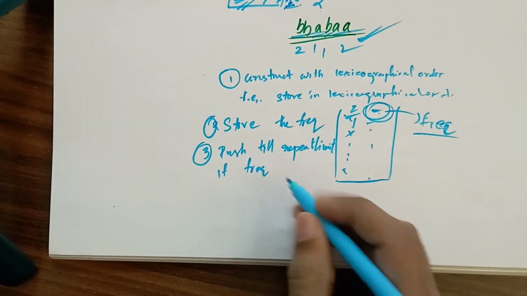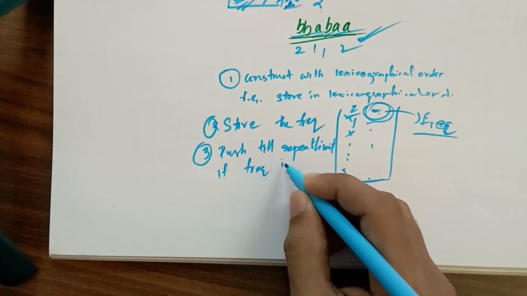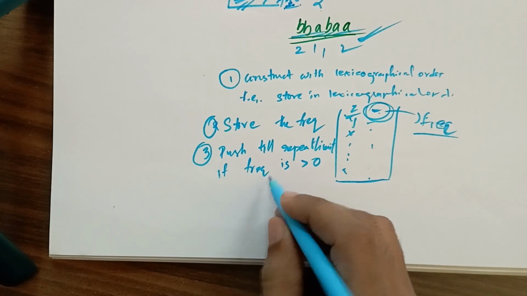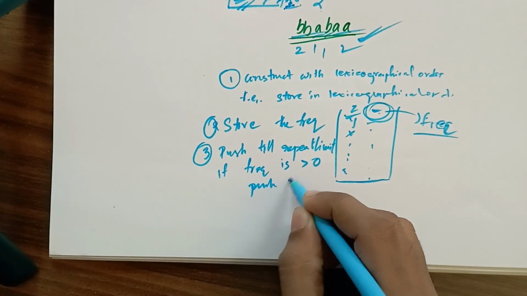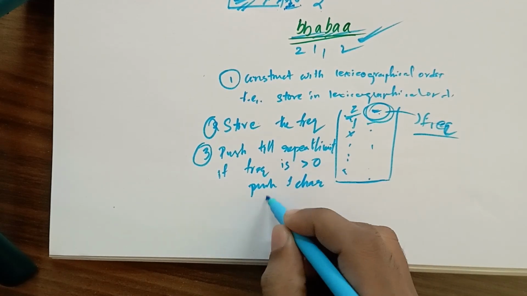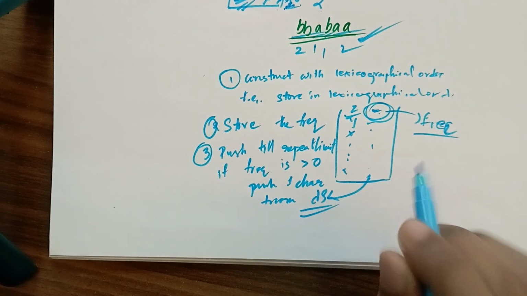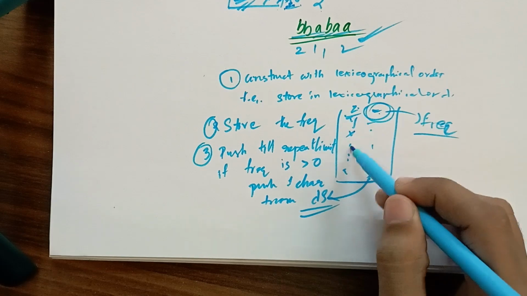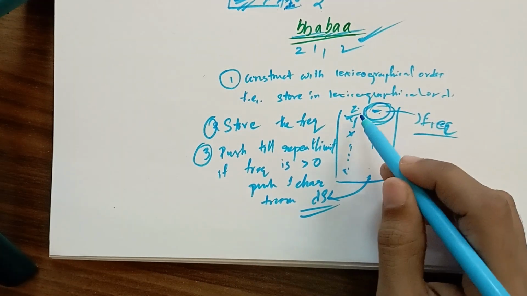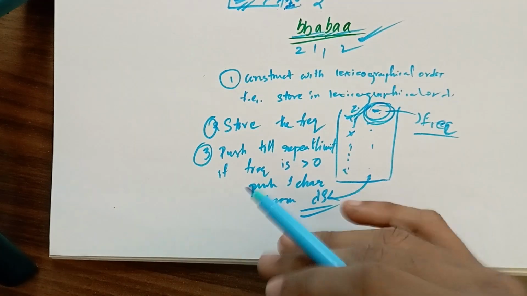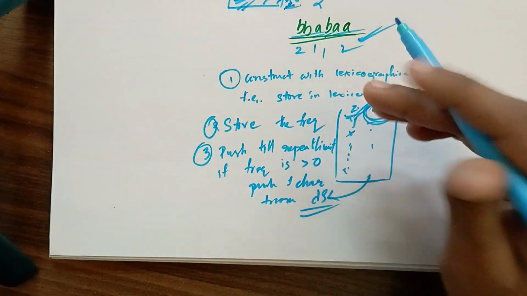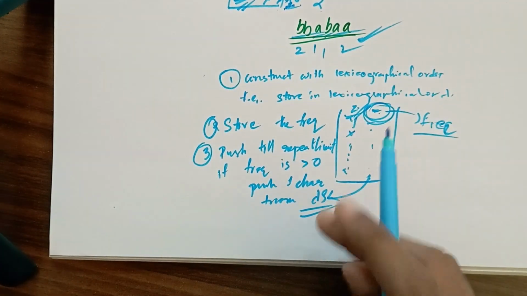Now if the frequency is greater than 0, then push one character from this data structure. So as I said, z, y, x, and there will be frequency. Now we got this z in maximum to minimum, so in the order it will be from maximum to minimum.